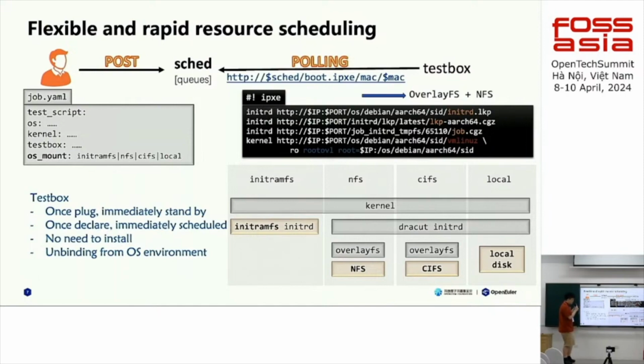We'll mount the writable layer by NFS or CIFS, so you could make your job happen on the overlay FS. So it will be very fast. But the top three ways have a shortcoming. That is, they could not persistently store the data. So if you need to persistently store your data, you need to use the local disk way, which means the root fs will mount on your logical volume. So those are the 4 ways we support.